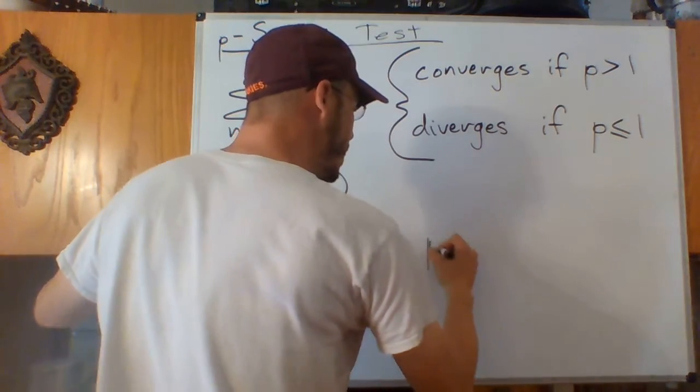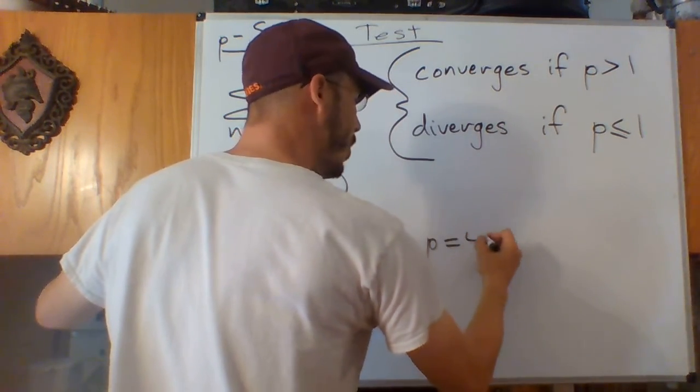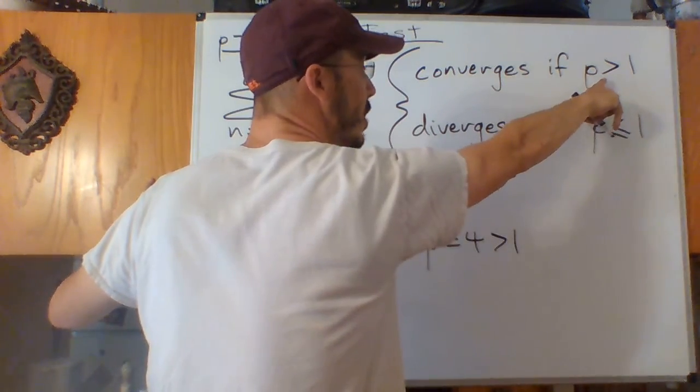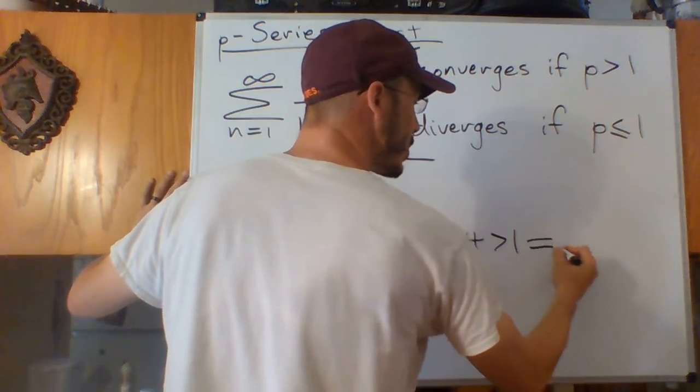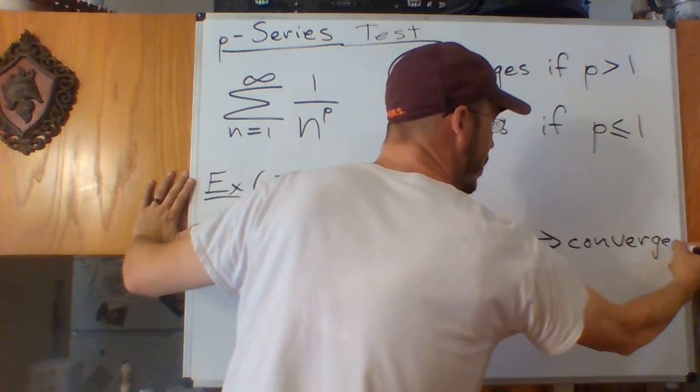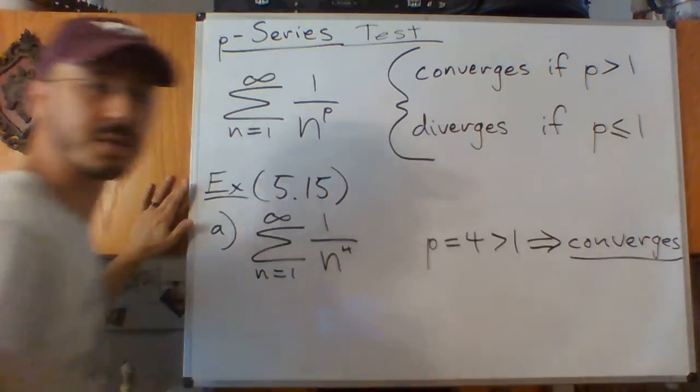So p is equal to 4, and that's greater than 1. P is greater than 1. So the series converges.